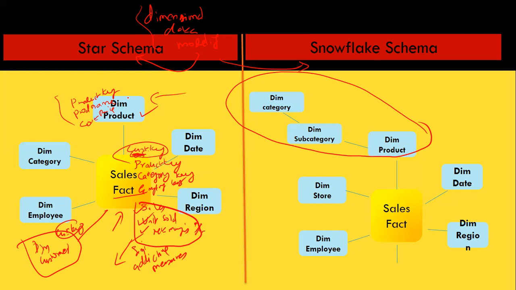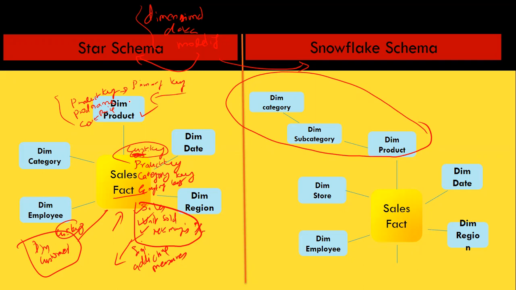Even the dimension table will have the combination of the primary key and the descriptive information. For example, product key is the primary key. What is a primary key? Using the primary key only, we can uniquely identify the records. Each dimension table will have a unique record for each instance.